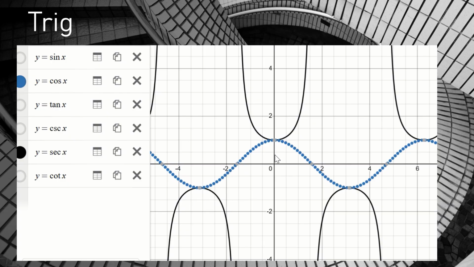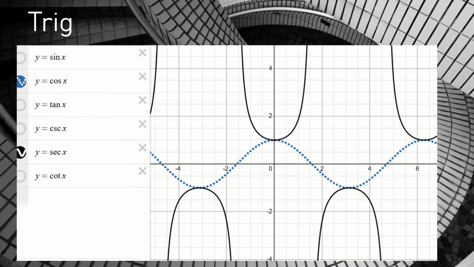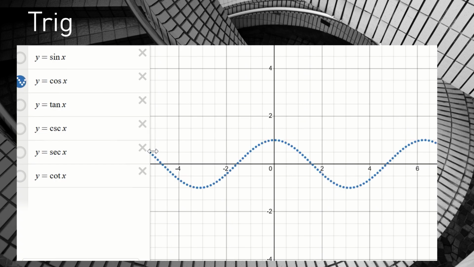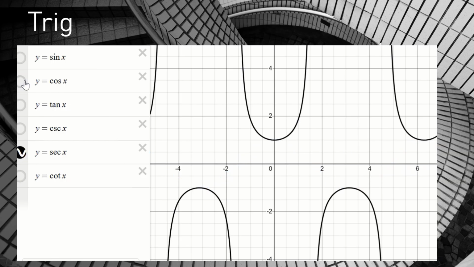And also wherever your cosine is 0, you're going to get a vertical asymptote, and that's going to be separating these chunks of secant. So once you have identified where your cosine is 0, put vertical asymptotes there, and there, and there, and there. And then you can get your little pieces in there around your vertical asymptotes. Then you can graph your secant.